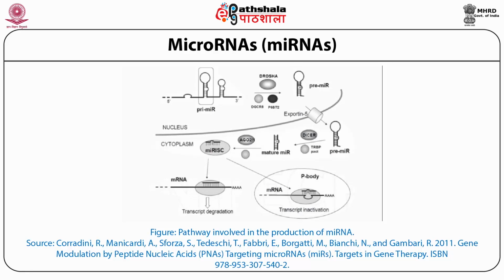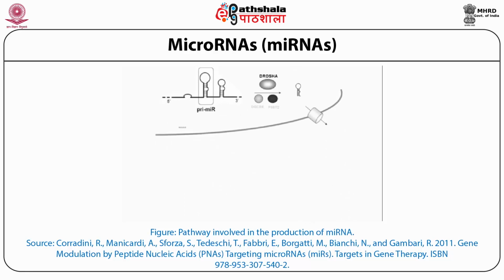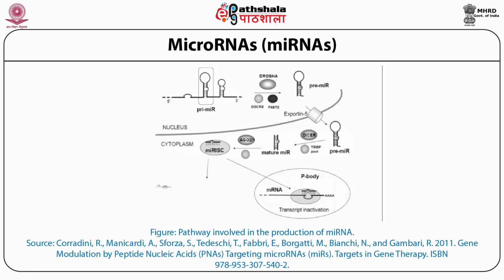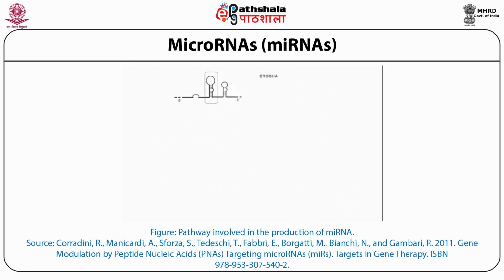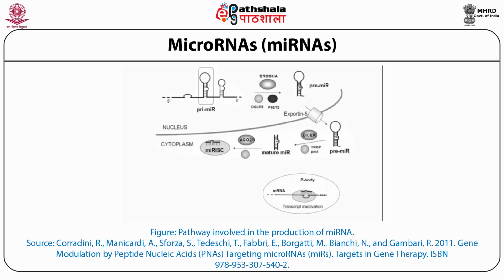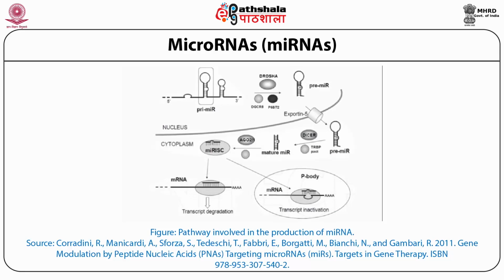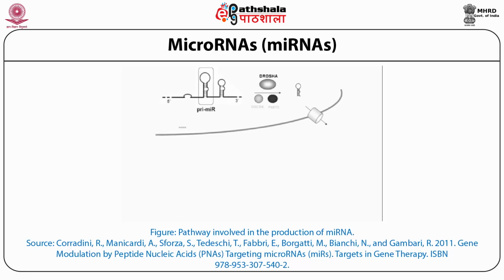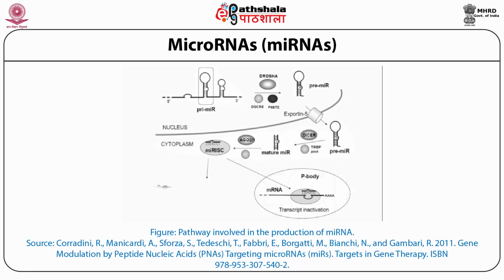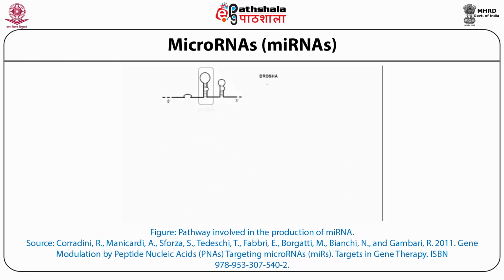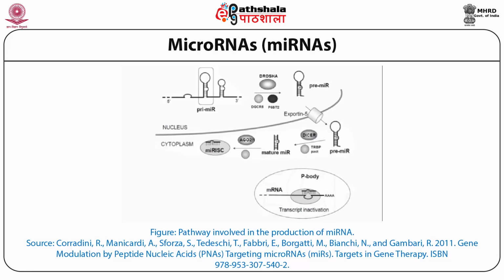These mature microRNAs then are loaded again on the RISC complex. Within the RISC complex, just like the siRNAs, they contain a guide strand and a non-guide or a passenger strand, only one of which will be subsequently used as a template for binding to the target mRNAs.